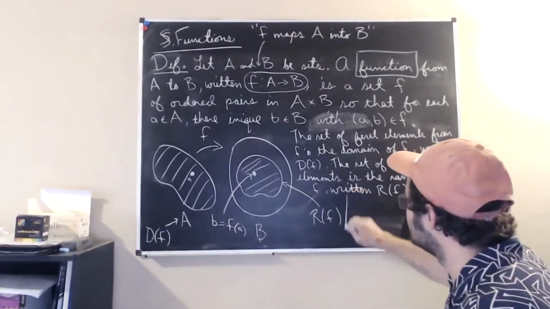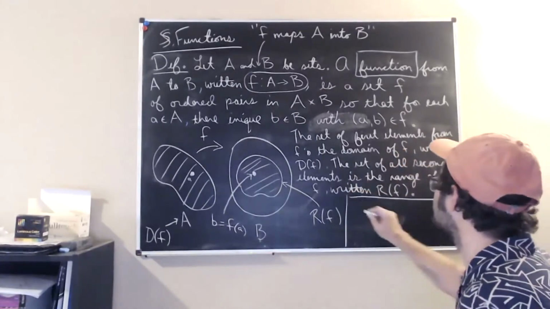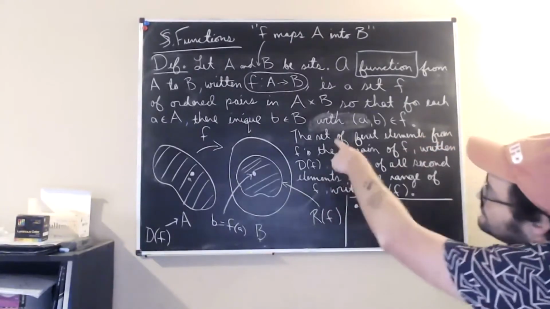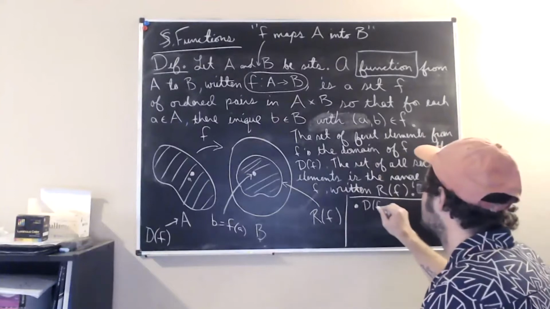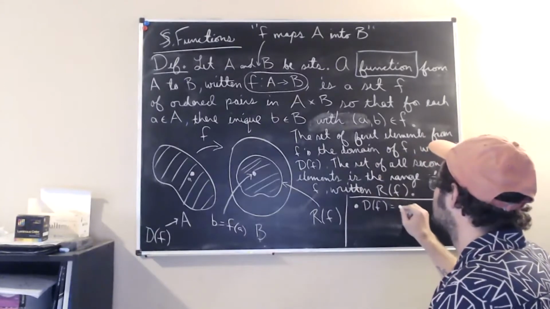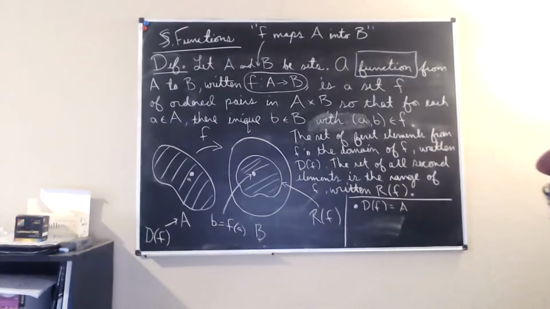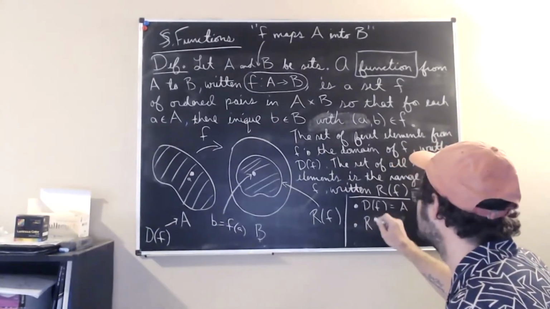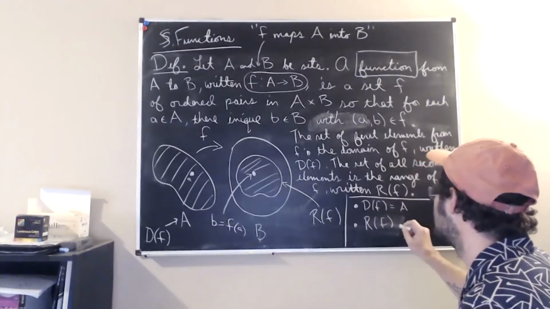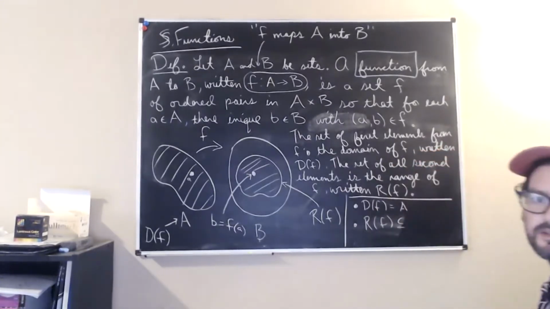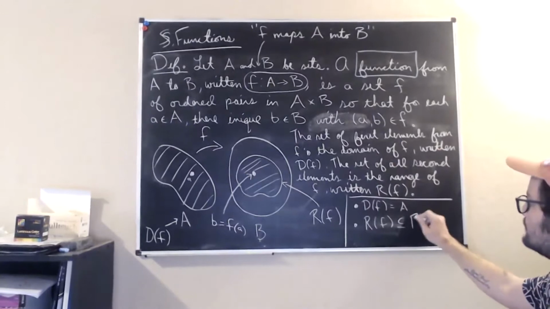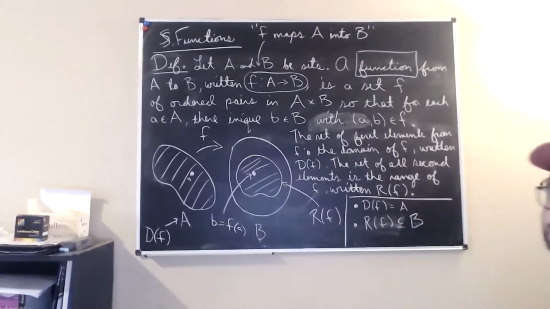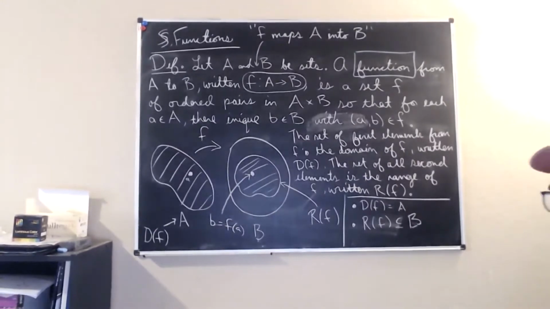So it's important to note two things. For this function definition here, D of f is equal to A, but the range of f is, the best we can say, is a subset of B. Okay.